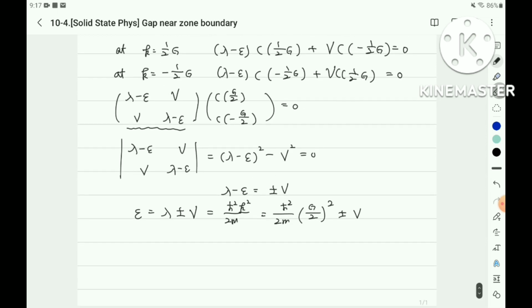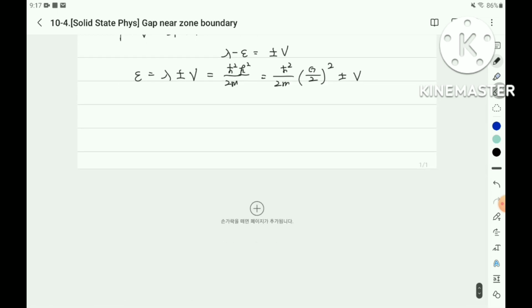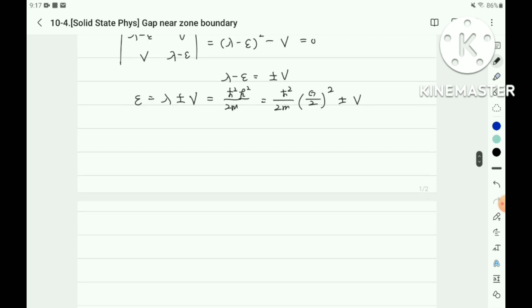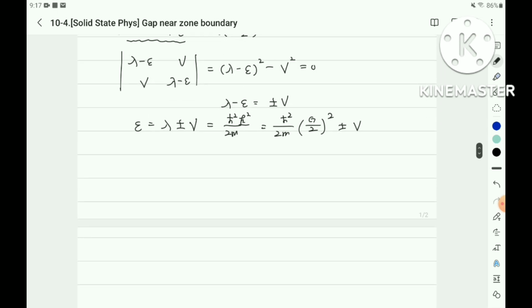Therefore, there is an energy difference between the high and low energy states. At the zone boundary, the energy difference is 2v.